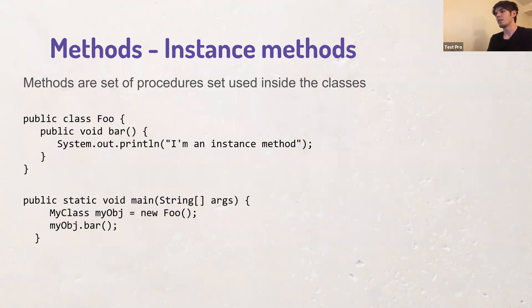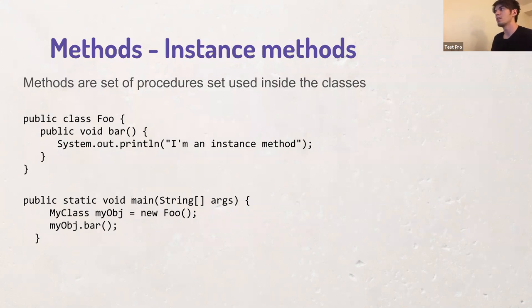Basically, methods are kind of like actions. They may return something after this action, or they may just perform an action and that's it. In Java specifically, you will need to specify the return type. Let's say if it's void, that means this method is not returning anything.